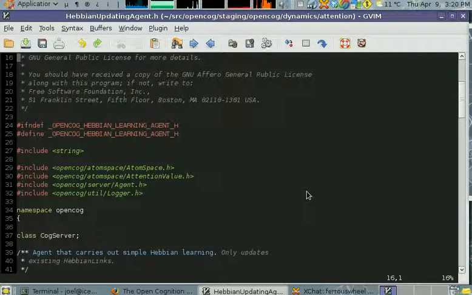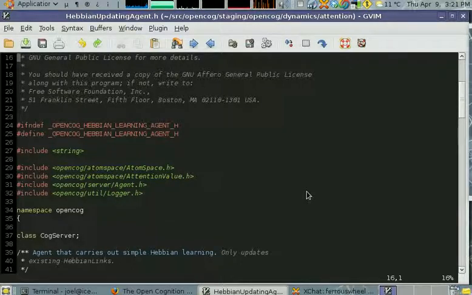A Hebbian link is an indication of which atoms have correlation between when they're in the attentional focus. So if you've got one atom, say atom A, which is in the attentional focus, and there's a strong Hebbian link between A and another atom, say B, then if A is in the attentional focus and B isn't, that's an indication that we should possibly have B in the attentional focus too, because they are often useful together.